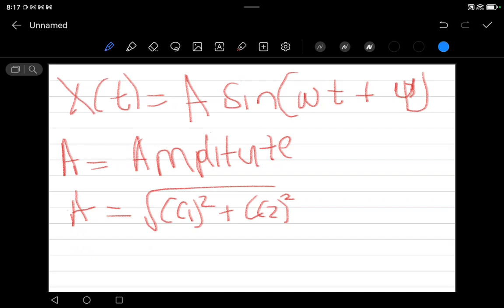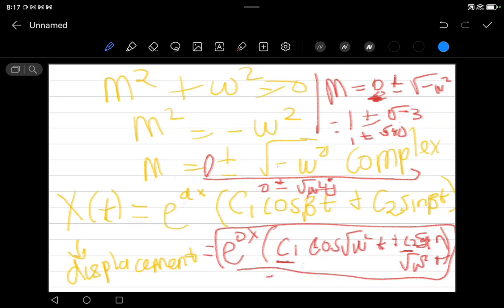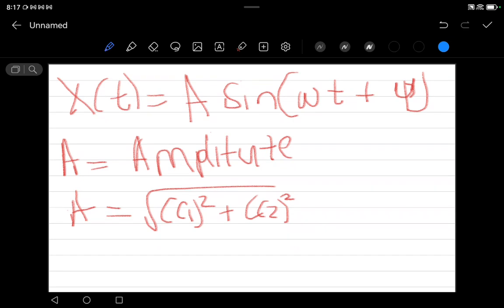Okay, moving forward, this is how we're going to calculate amplitude. It's going to be the coefficient C1 of cos beta t and the coefficient C2 of sin beta t, so it's going to be the square root of c1 squared plus c2 squared. And also we're going to learn how to calculate the phase angle.